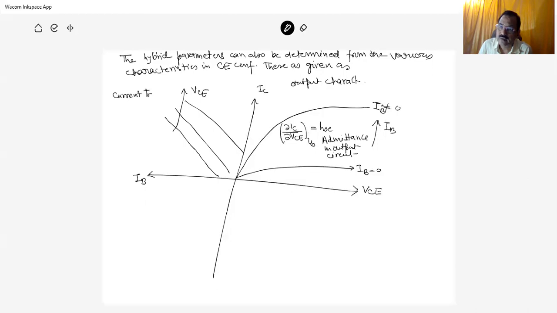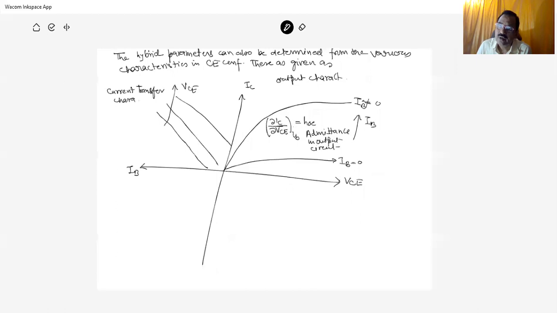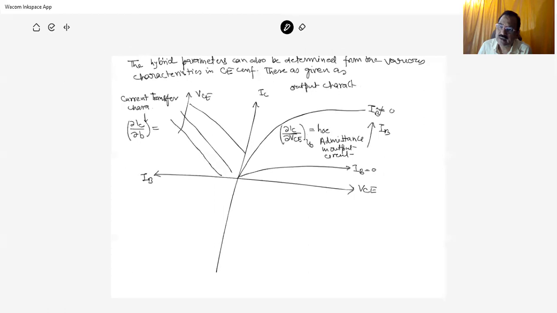This is the current transfer characteristic, and the coefficient IC upon IB is HFE, that is forward current gain. This is beta.